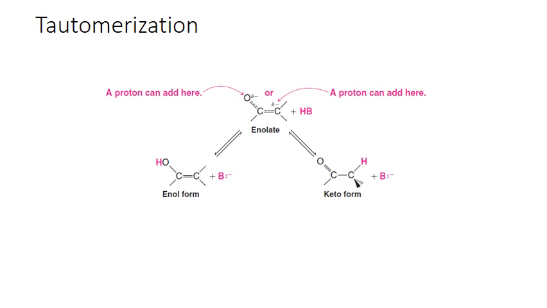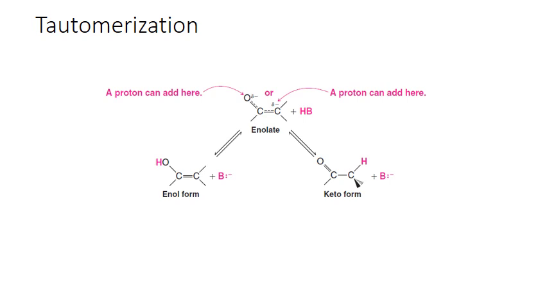Both the formation of the keto form and the enol form from enolate are reversible. Two reversible reactions. In other words, there is an equilibrium between keto form and enol form through the formation of enolate.